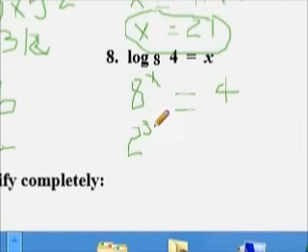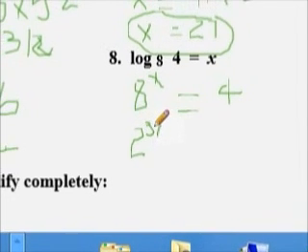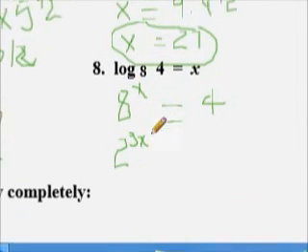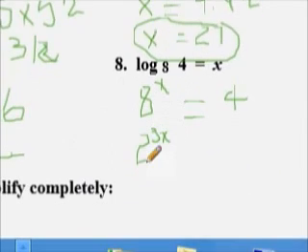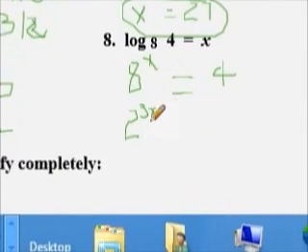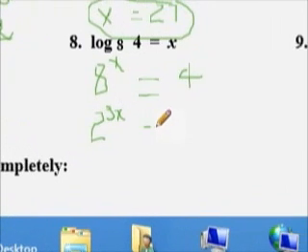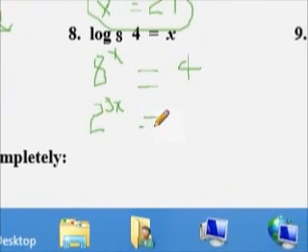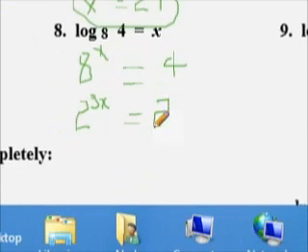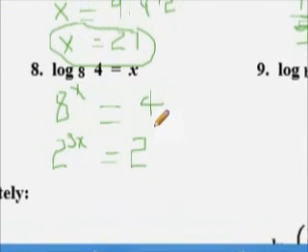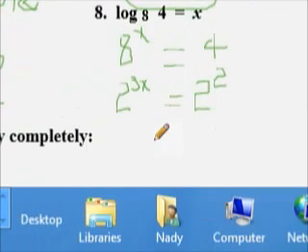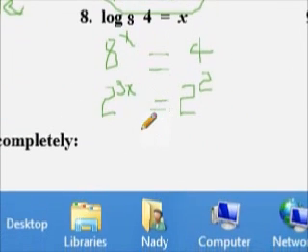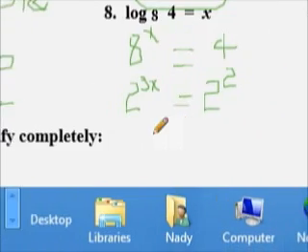You see what I mean? This can be like 2 to the power of 3x, since 8 is 2 to the power of 3. So I can write this like that, and I can say this is like 2 to the power of 2. You see my strategy here? So here I can say 3x equal 2. You see, I just use a strategy.